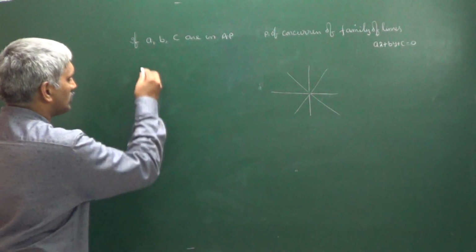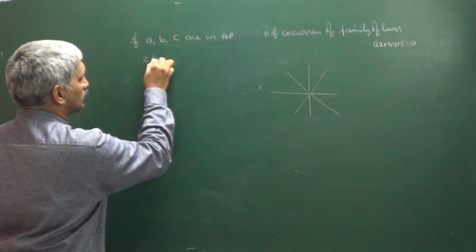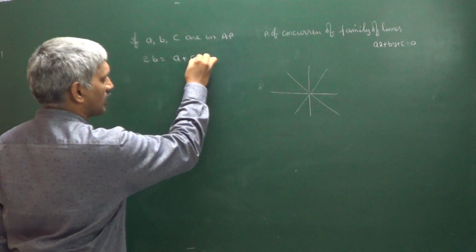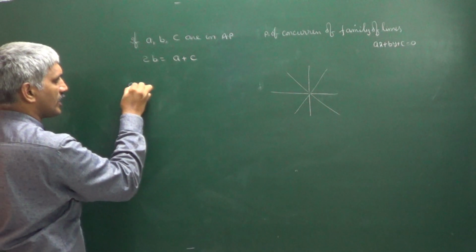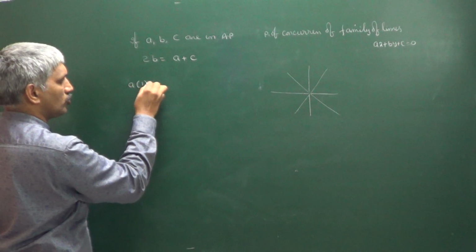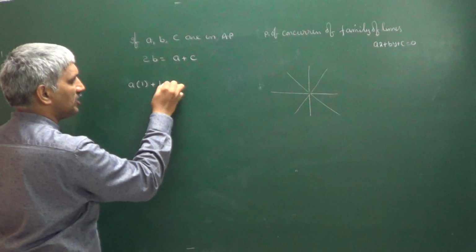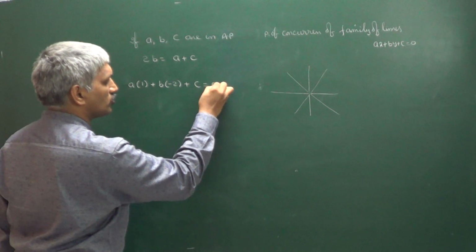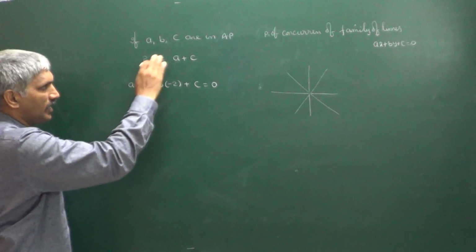A, B, C are in arithmetic progression means what is the condition? 2B is equal to A plus C. Now observe here, what I can write that one as: A into 1 plus B into minus 2 plus C is equal to 0. Yes.